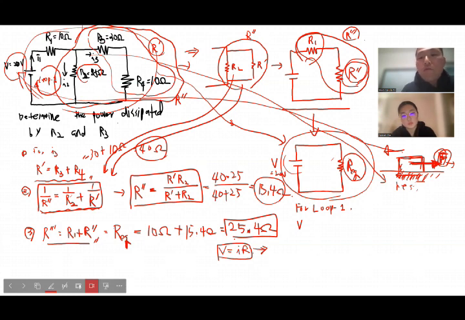I don't know if that's the answer for you, but basically when you estimate the total resistor out of the multiple components.